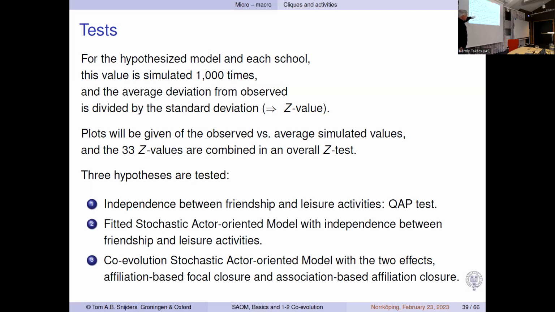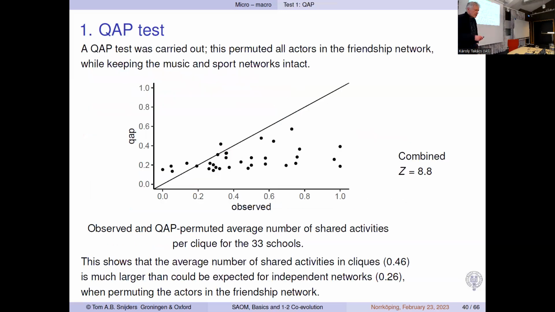The first is an actor-oriented model, which is not really co-evolution because it is independent evolution of the friendships and of the leisure activities. And the second uses these to affect the affiliation-based focal closure and the association-based affiliation closure.